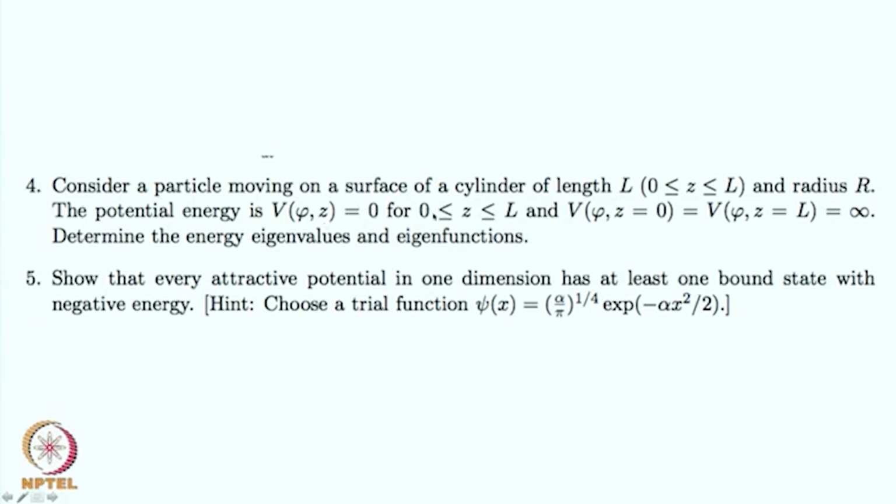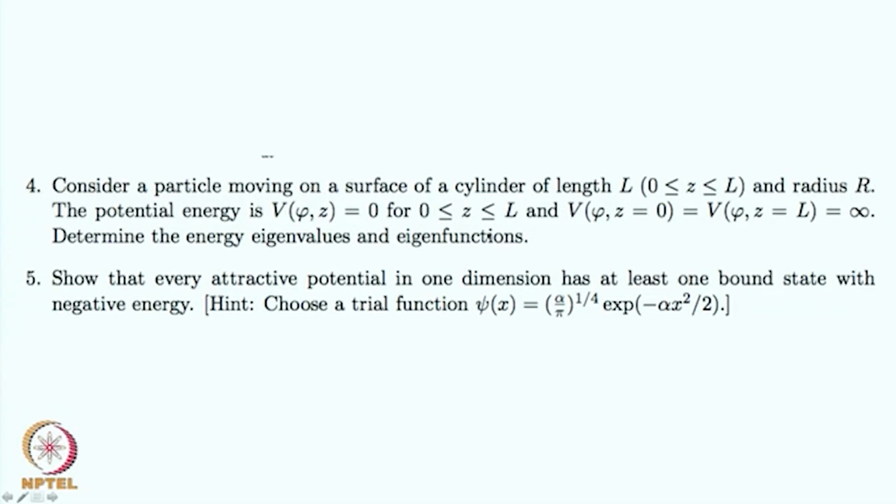For the region between 0 and L, potential is 0, and at the boundaries V is infinity. So, you can consider this as a particle in a potential well with an infinite potential, same as the one dimensional potential well problem. So, it is very simple to determine the energy eigenvalues and eigenfunctions.